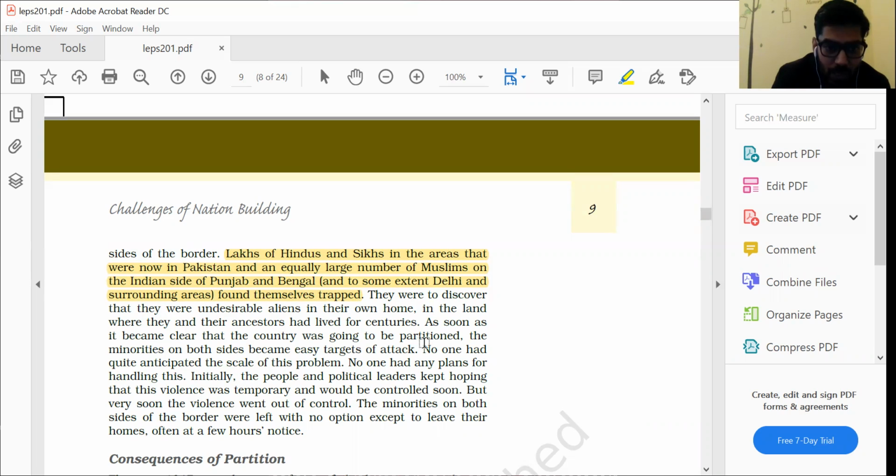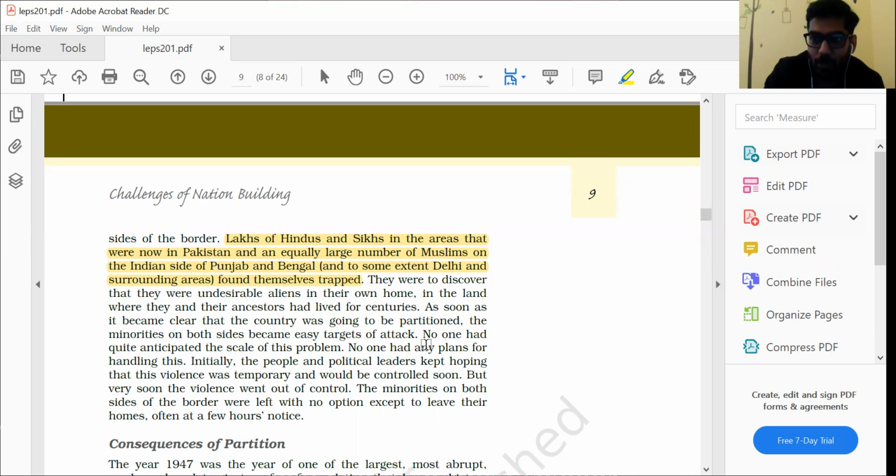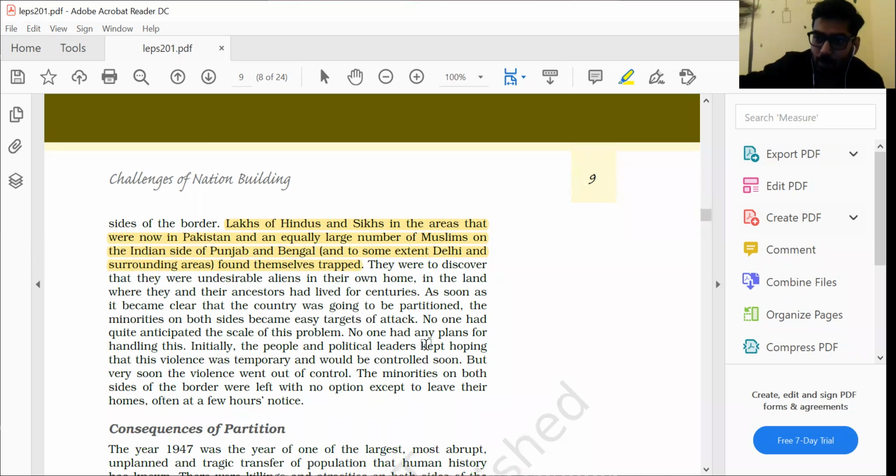No one had quite anticipated it. It was one of the largest migrations, people from India going to Pakistan and Pakistan coming to India. Very soon it became very violent, trains full of dead bodies would arrive, and there was a violent repercussion to those trains coming here. Khushwant Singh has written a book on this actually.